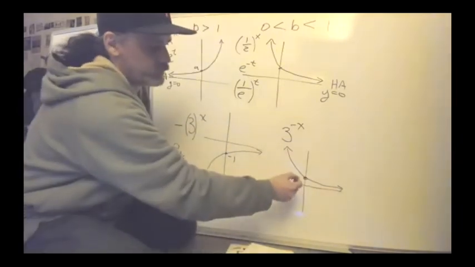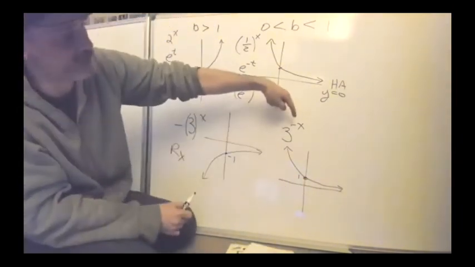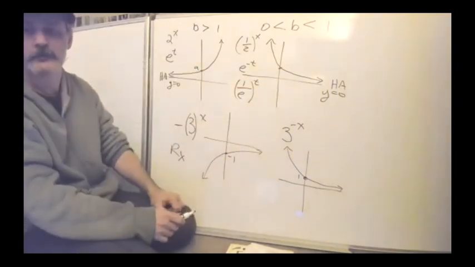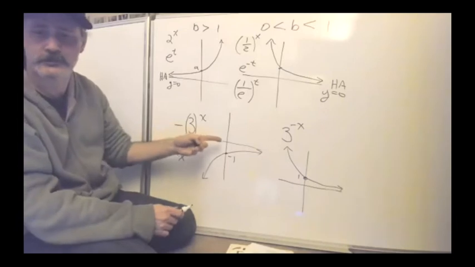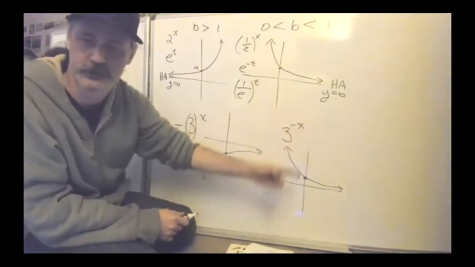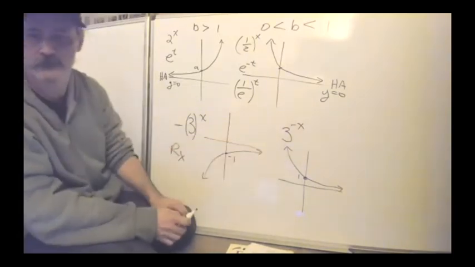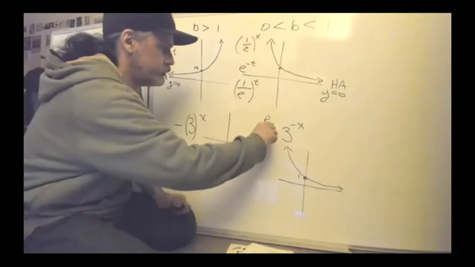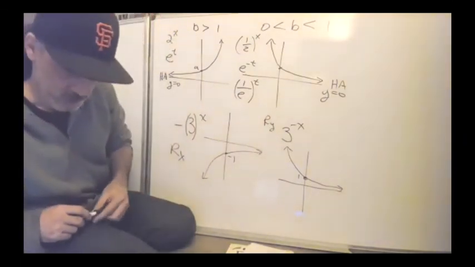Okay, and then here that would be 1, because if x is 0, 3 to the 0 is 1. And notice that the horizontal asymptote isn't changing. That's only going to change if you go up and down. Okay, so we had a reflection across the x, a reflection across the y.